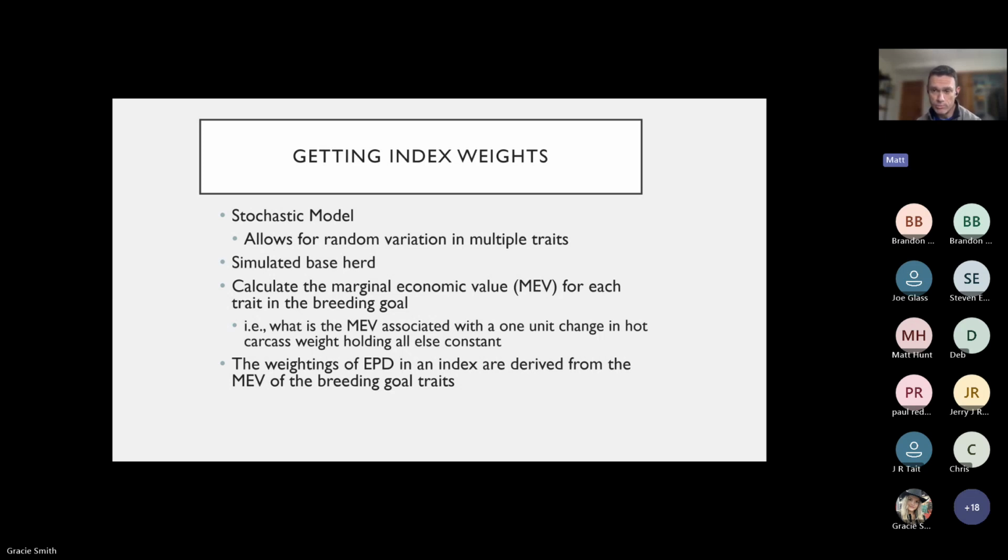And so that's what would be done in a simulated scenario. It's really looking at, as I mentioned before, the marginal economic value, or here I call it an MEV, for each trait in the breeding goal or breeding objective, by simulating a group of animals changing, for example, their hot carcass weights by 1 pound, holding all the other traits the same, and then looking at what that did to the change in profit of the enterprise.